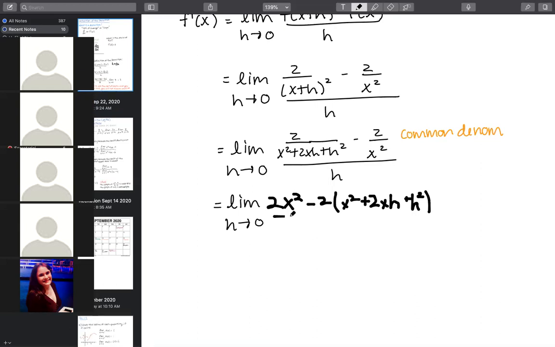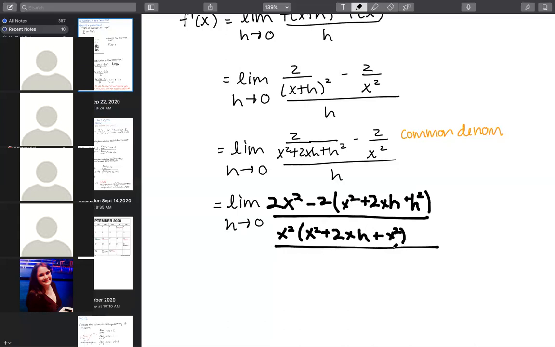And then our denominator is going to be x squared times that same term, the x squared plus 2xh plus h squared. Okay, all over h.